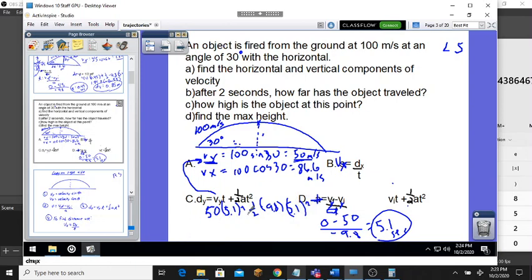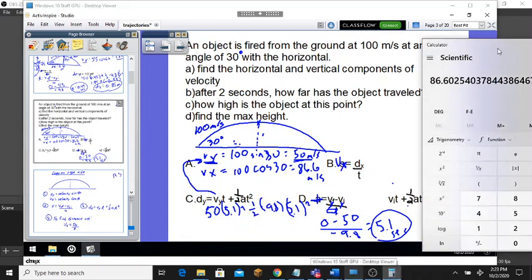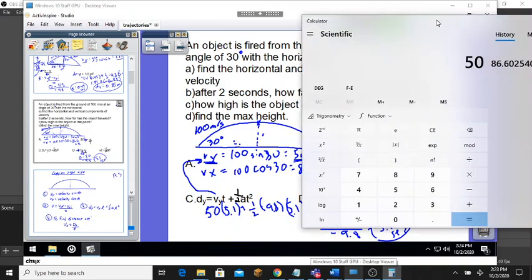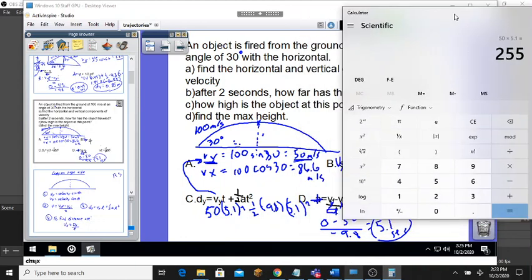So I'm going to multiply 50 times 5.1 first. That gives me 255.